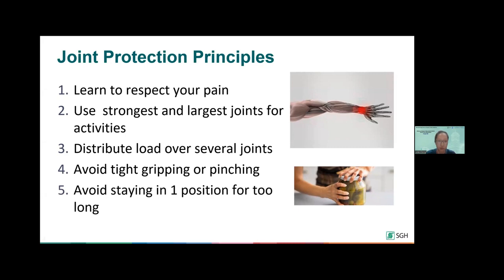And we should also try and avoid staying in one position for too long. So for example, when we are ironing, we tend to remain in the same position for 1 hour to 1.5 hours, especially when we iron things once a week and everything is accumulated. So it is important to remember to constantly shift position so that we don't overstrain the same joint or the same muscle group for too long.